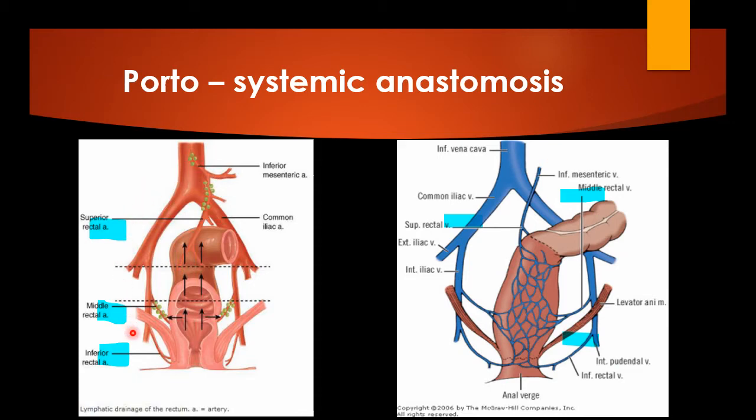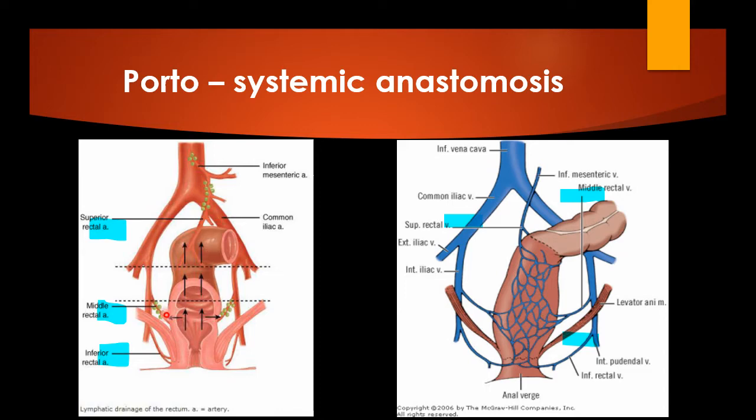This is the arterial supply of the hemorrhoids, upper rectum, middle rectum, and lower rectum. So the hemorrhoids occur here. The upper rectum is supplied by the inferior mesenteric artery through its superior rectal branches.